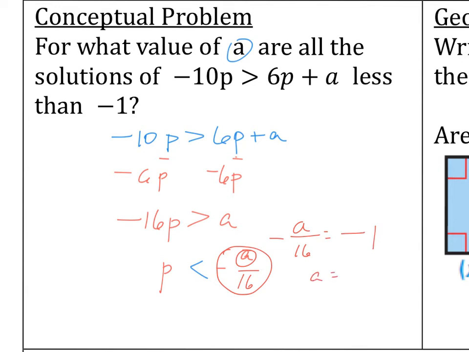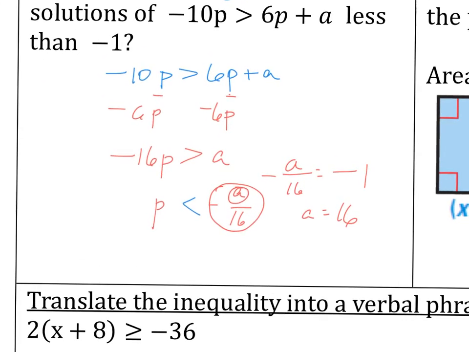And of course, 16. Therefore, if I plug in 16 for A, it will be p less than negative 1, which satisfies this condition. So my answer would be A equal to 16.